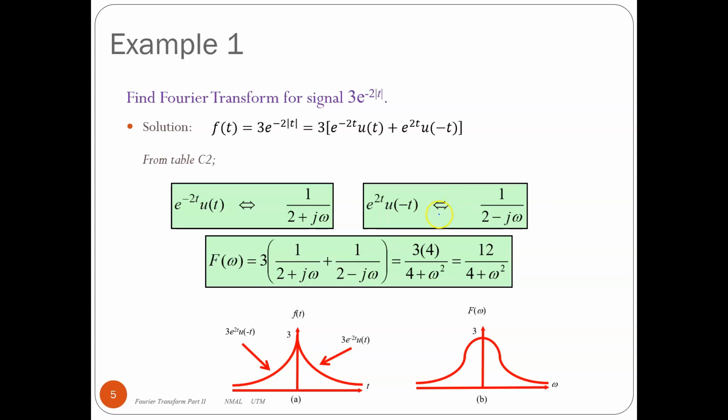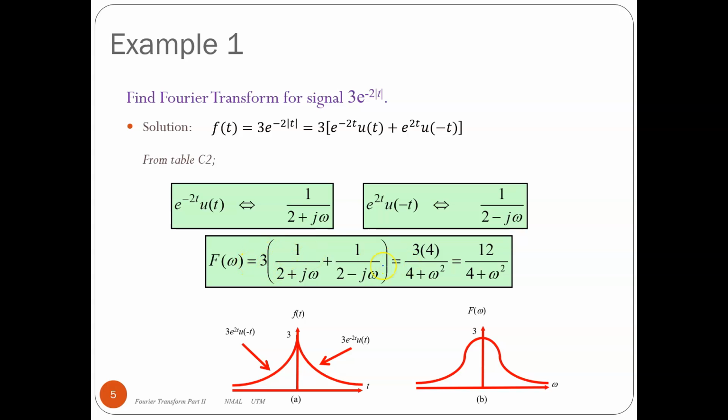Using these answers, we put them together because of the linearity and superposition property. It means the Fourier transforms of these two functions can be added up together. This is in the time domain, so we add together in the frequency domain: 1 divided by 2 plus j omega plus 1 divided by 2 minus j omega, multiplied back by 3.